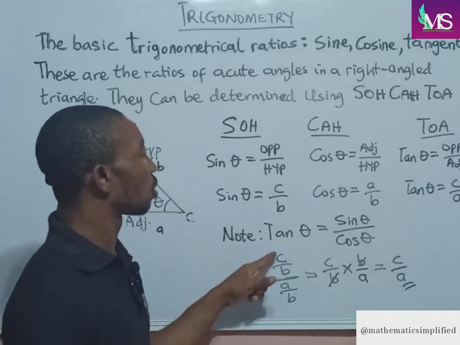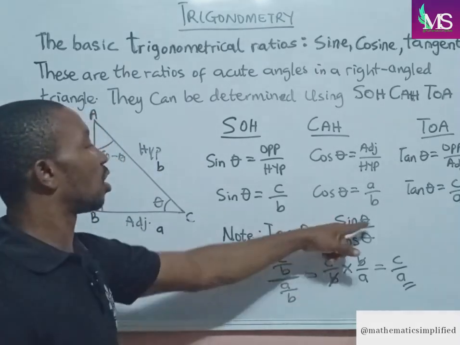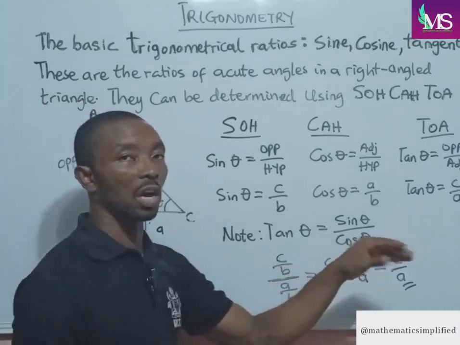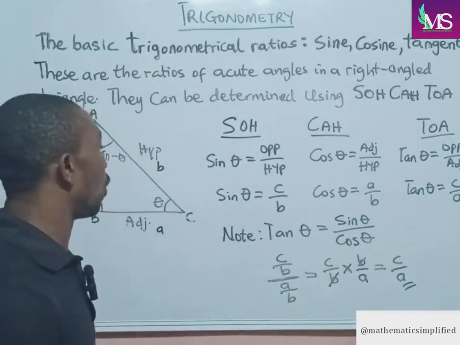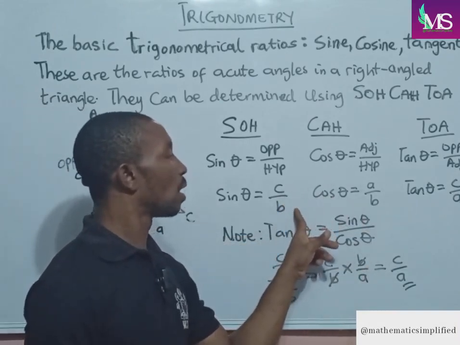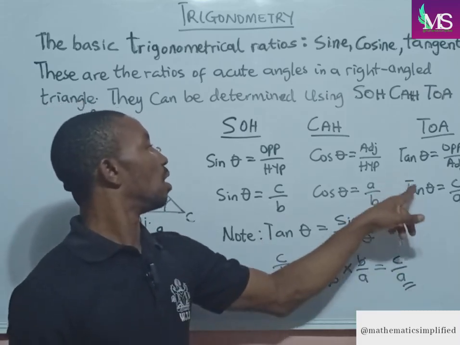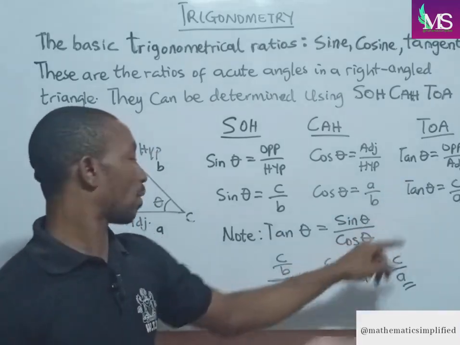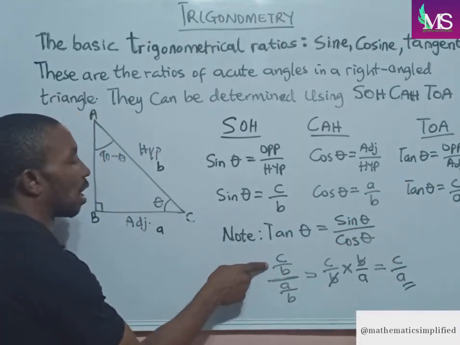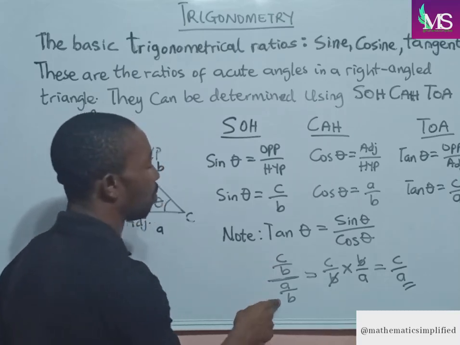Now note that tan theta is also sin theta over cos theta. What do we mean? If sin theta is c over b and cos theta is a over b, then sin theta over cos theta is c over b divided by a over b.